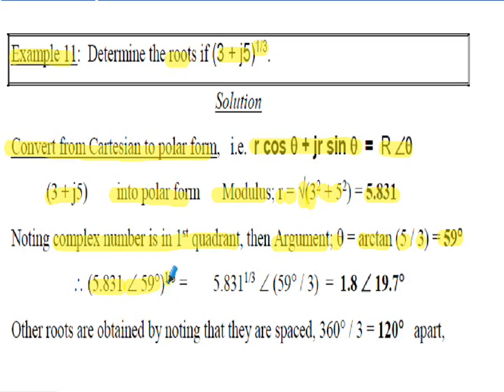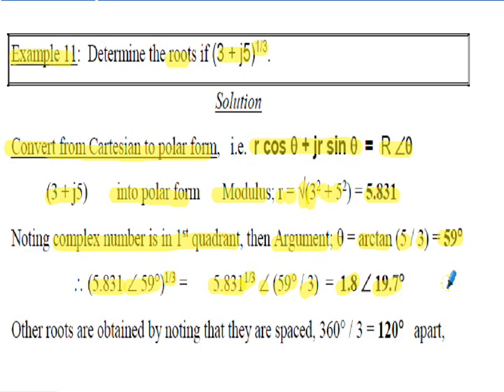We're raising that to the power of 1/3. Applying DeMoivre's theorem, that becomes 5.831 to the power of a third, argument 59 degrees divided by 3. Evaluating that, 5.831 to the power of a third, in other words the cube root of 5.831, is 1.8, and 59 degrees divided by 3 is 19.7 degrees.